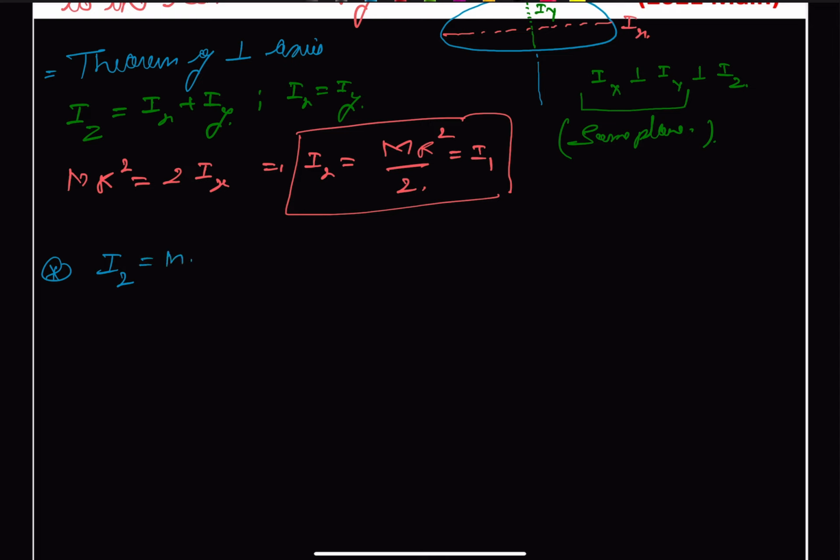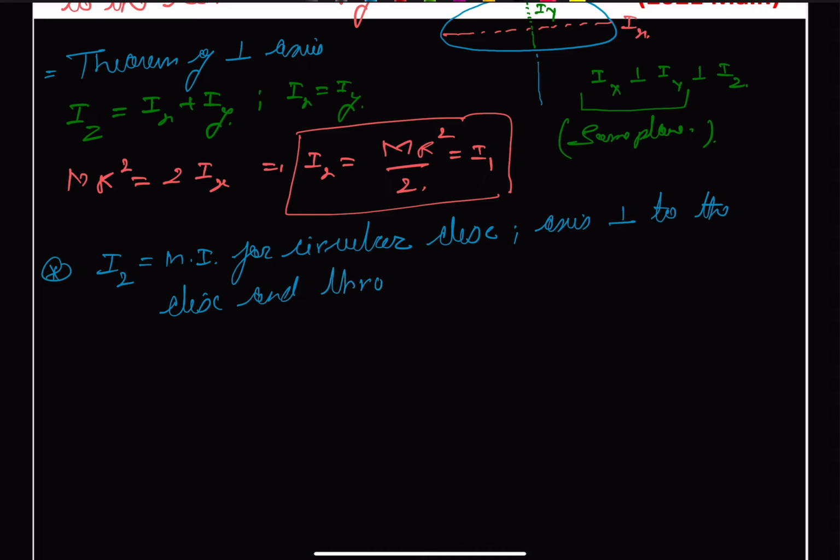We can also draw it: this is our disc and the axis is perpendicular passing through it, and the moment of inertia is given as I2.